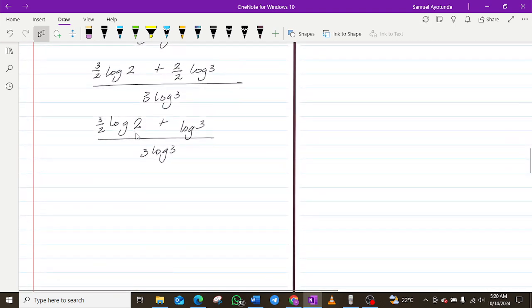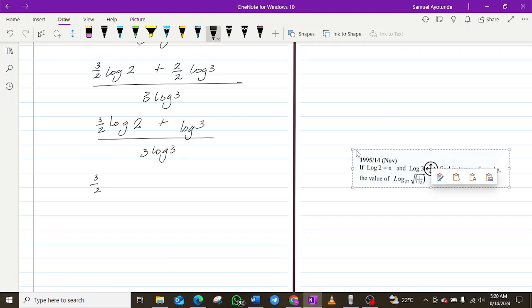So instead of log 2, I will have x, then instead of log 3, I will have y, all divided by 3y.